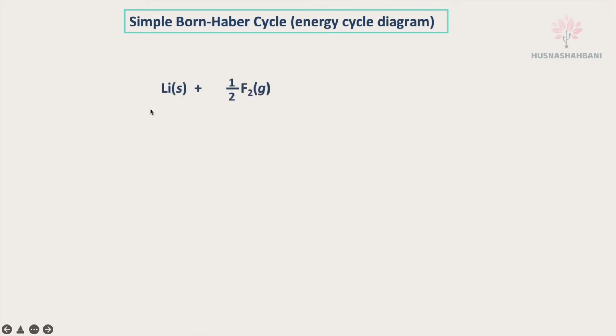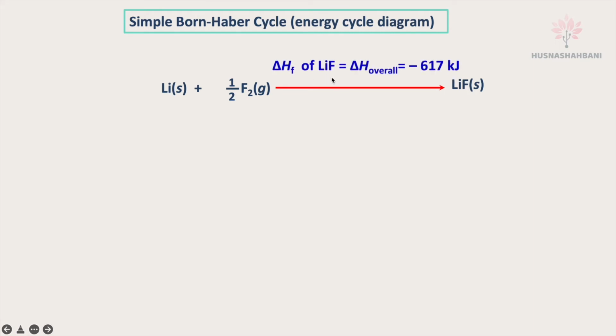Okay, we start with the formation of lithium fluoride. This is the equation for formation of lithium fluoride, and at the arrow you write down the enthalpy of formation value. Enthalpy of formation equals negative 617 kilojoule.